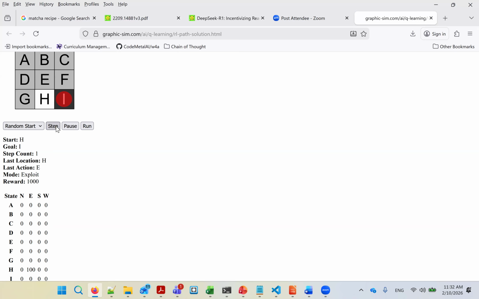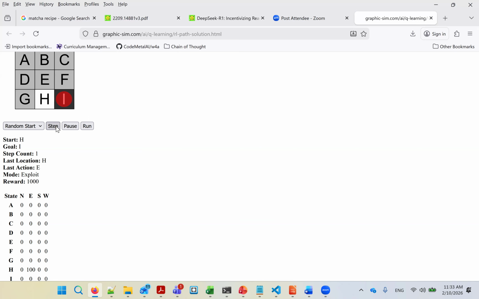And we were in state H. Which of these changes? Only the one where we actually took the action, because that's the one we get information about. Now, does it actually follow the equation? The old value was what before we started? 0. This alpha is 0.1. Lambda is 0.9.